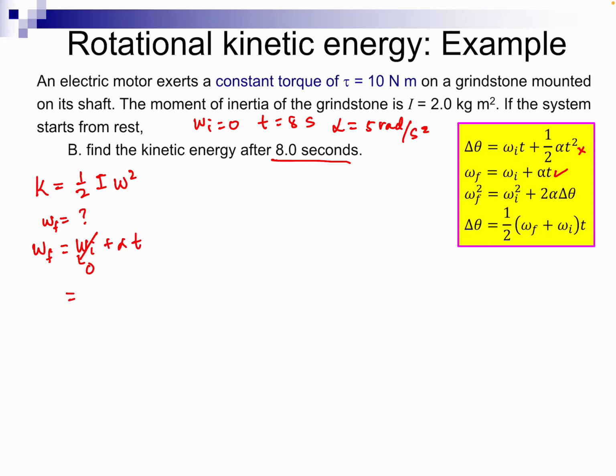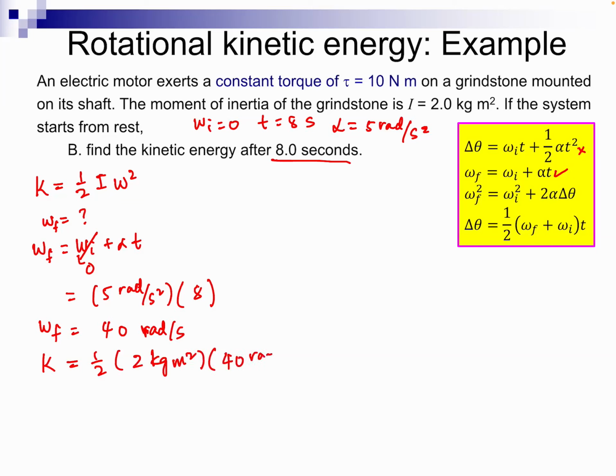Therefore, I'll have 5 radians per second squared times 8, which is 40 radians per second for the final angular velocity. Knowing the final angular velocity, we can then calculate the kinetic energy: 1/2 times the moment of inertia, given as 2 kilogram meter squared, times 40 angular speed squared.